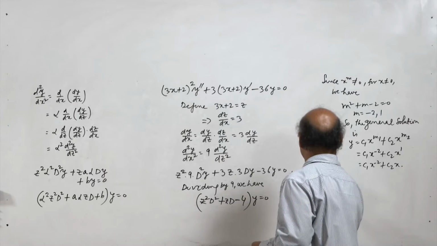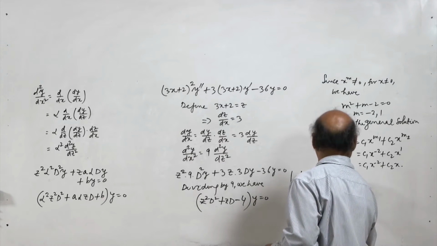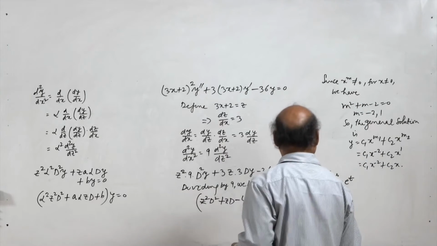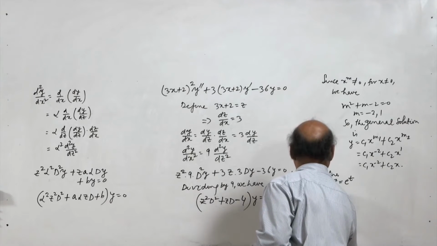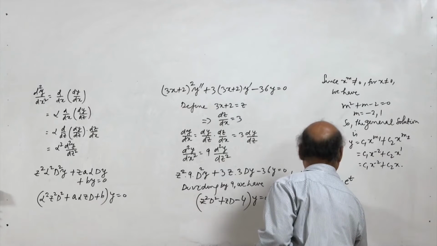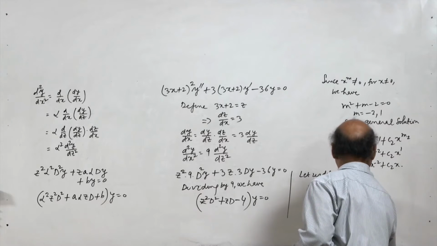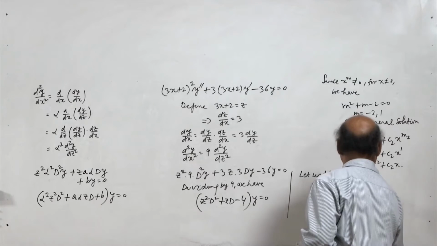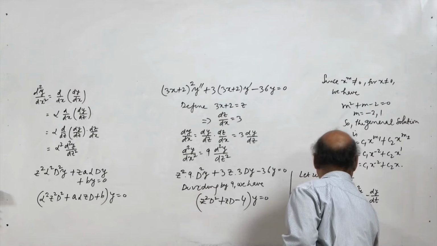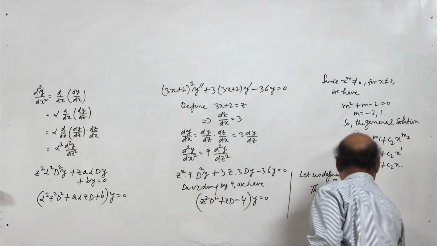So, it can be solved by defining, now the independent variable is z, z equal to e to the power t. Then z square d square y over dz square will be equal to d square y over dt square minus dy by dt, and z dy by dz will be equal to dy by dt.